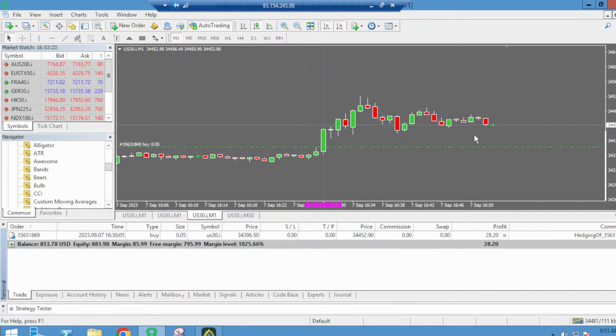Right now the price is looking like it wants to come down, but it could also go back up.